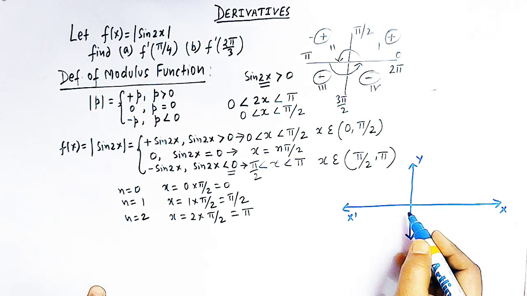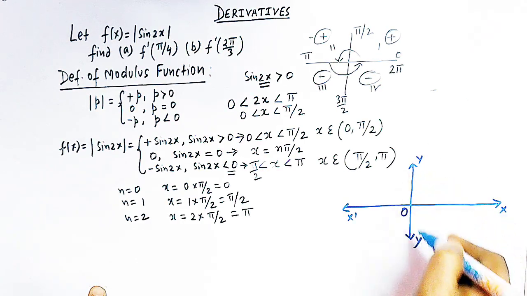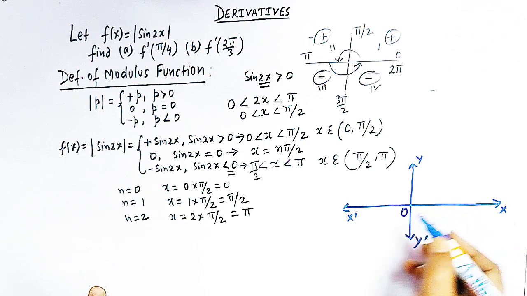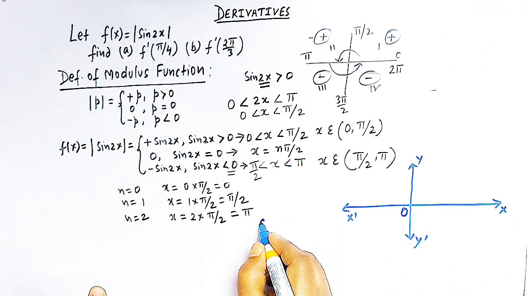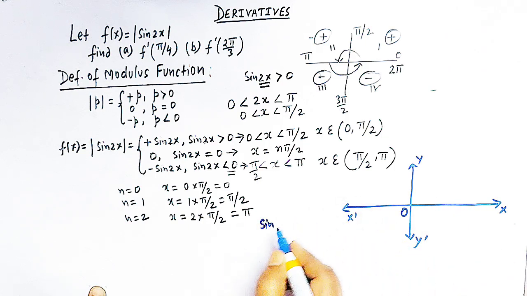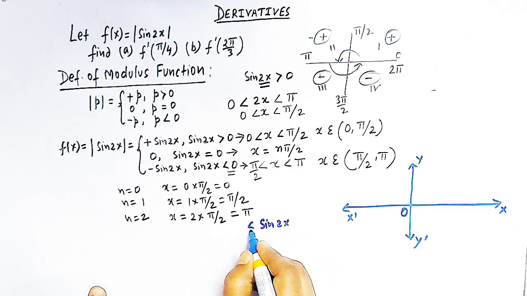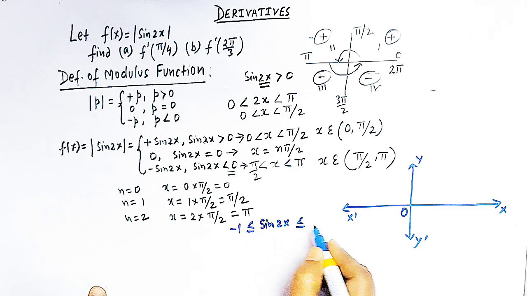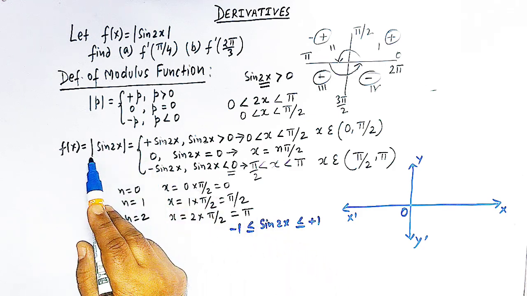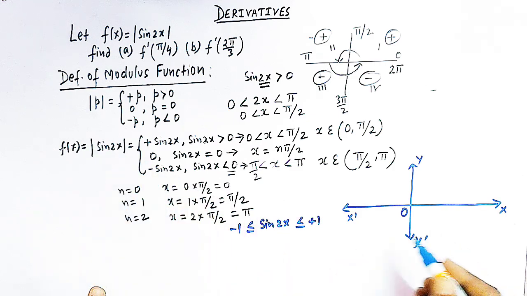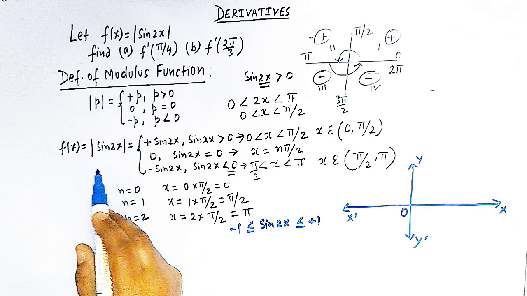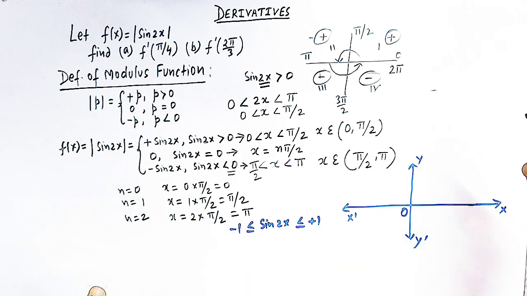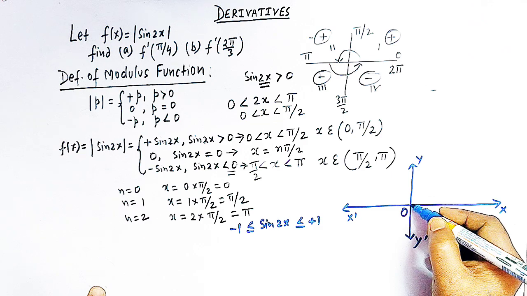So now here we have the x-axis and y-axis, and we know that the range of the sine function is from -1 to 1, right? So here, since we have the mod function, the graph of |sin 2x| lies above the x-axis, right? So here we can draw the graph of sin 2x like this.